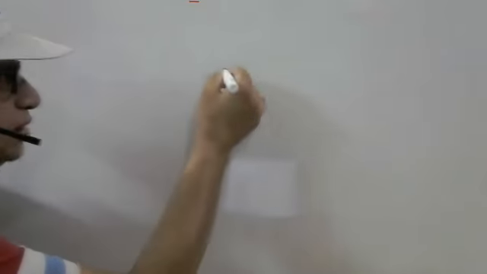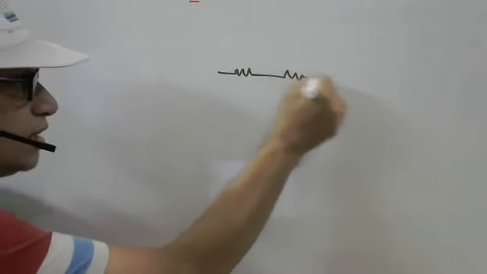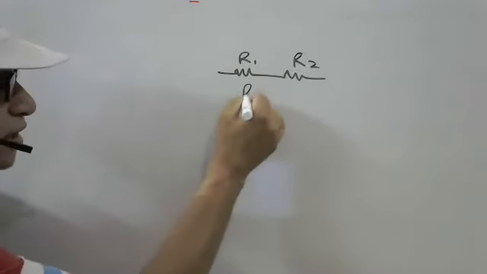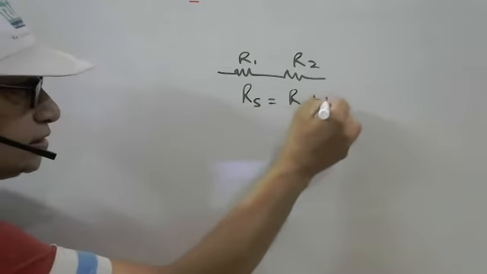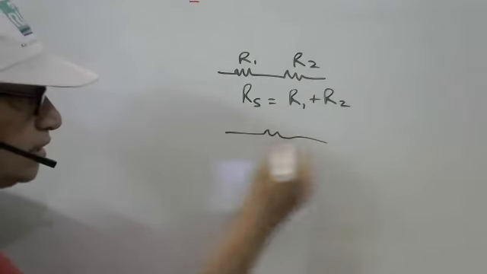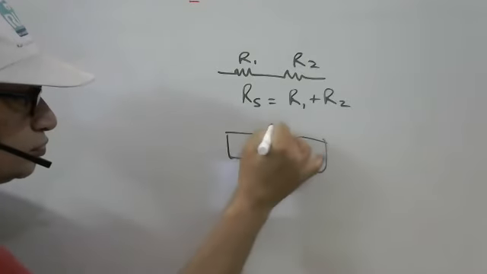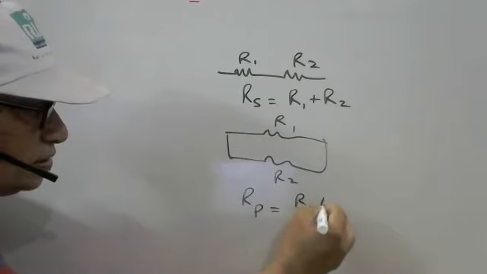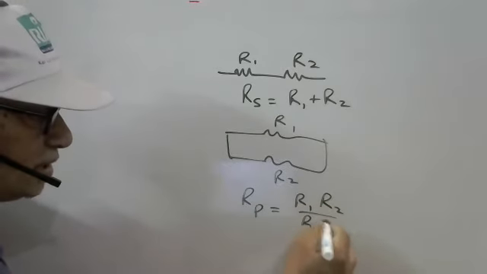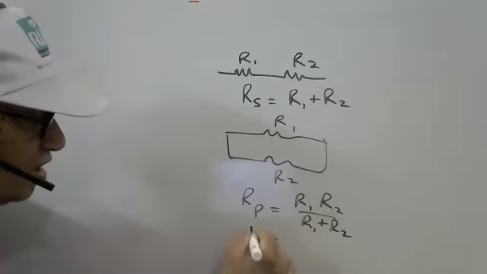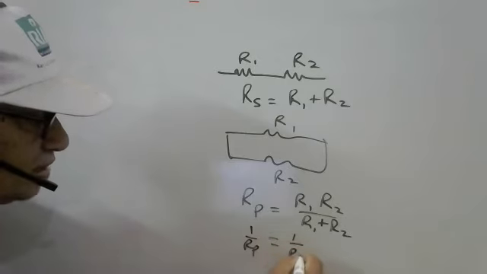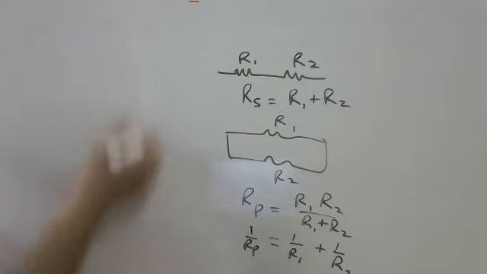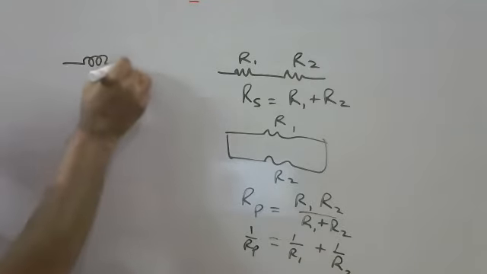Just like resistance here, if these are the two resistances R1 R2, then the series formula is the equivalent resistance in series is this, and for parallel combination we know the Rp will be R1 R2 upon R1 plus R2, or 1 upon Rp is equal to 1 upon R1 plus 1 upon R2. Just like the resistance, in inductance also we are getting the same thing.